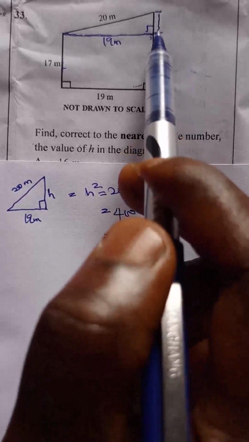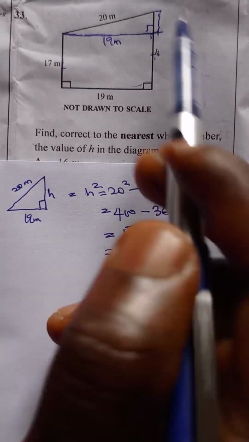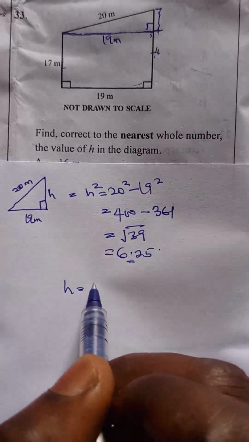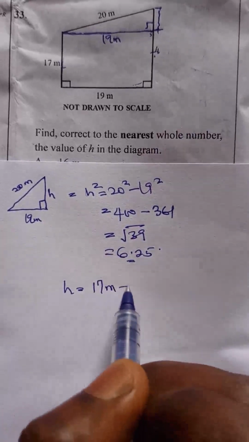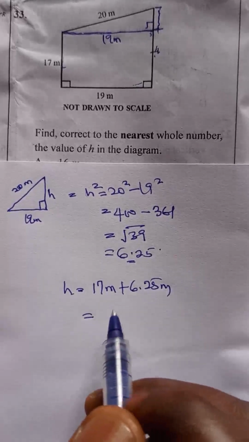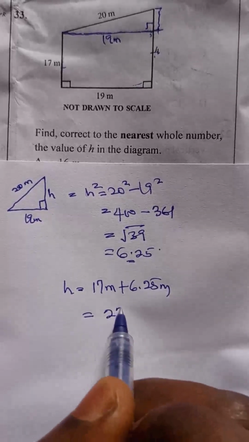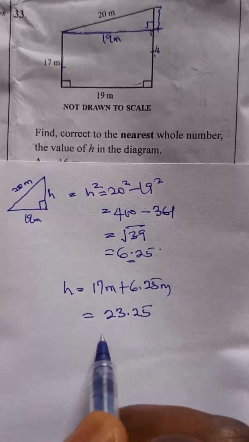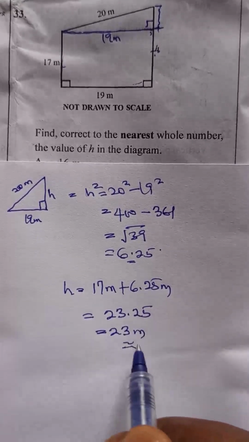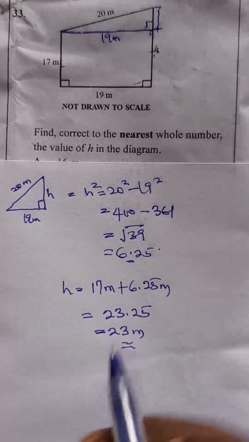So the final answer for the h is going to be 17 meter plus 6.25 meter. And when you add it together, you are going to get 23.25 meter, which is equal to 23 meter approximately. So that's the final answer for question number 33.